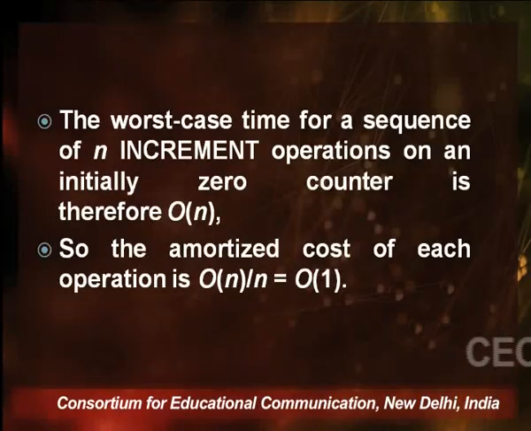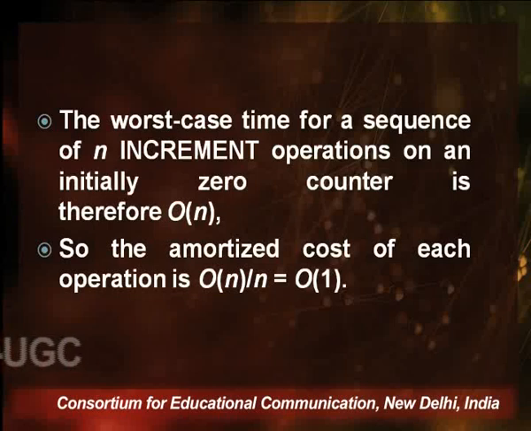So if order n is the worst case time for a sequence of n increment operations, we need to determine the amortized cost for each operation. So the amortized cost is going to be order n divided by n operations, which is order 1.